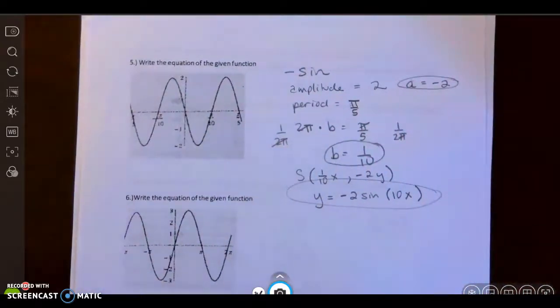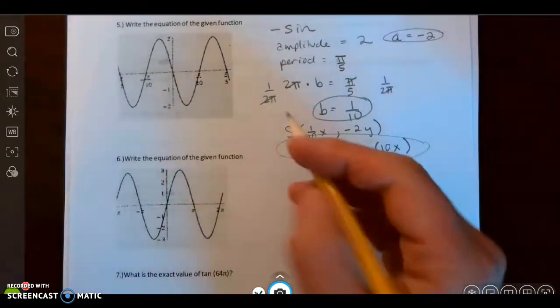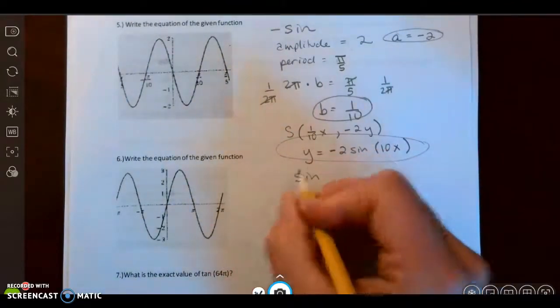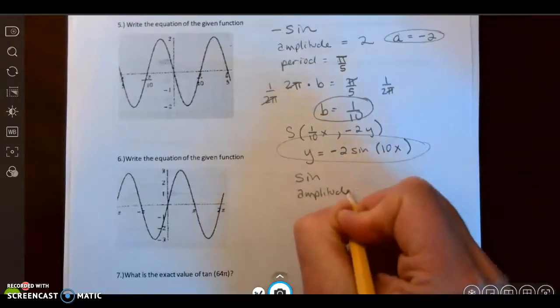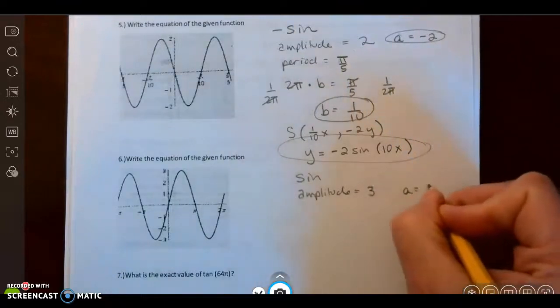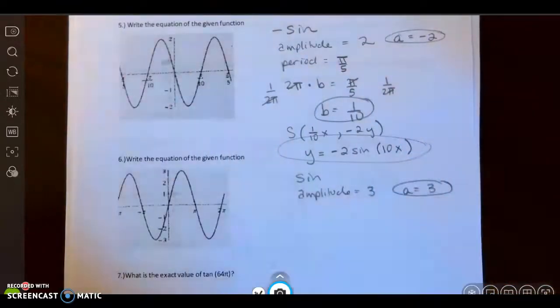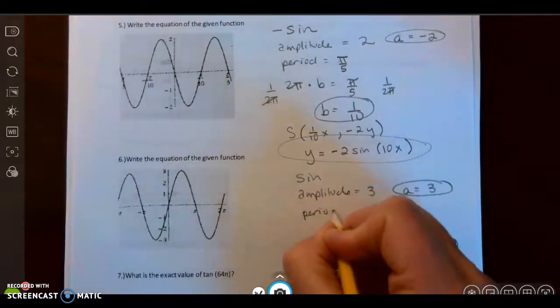All right. Number 6, write an equation for this function. Once again, I have a sine, and I look at my amplitude, and it is 3, so my A value is +3. Then I look at my period.